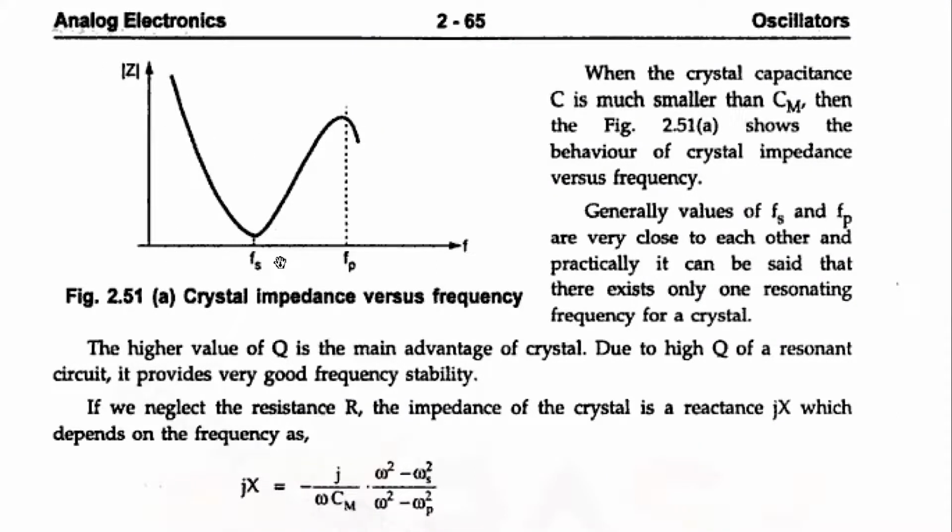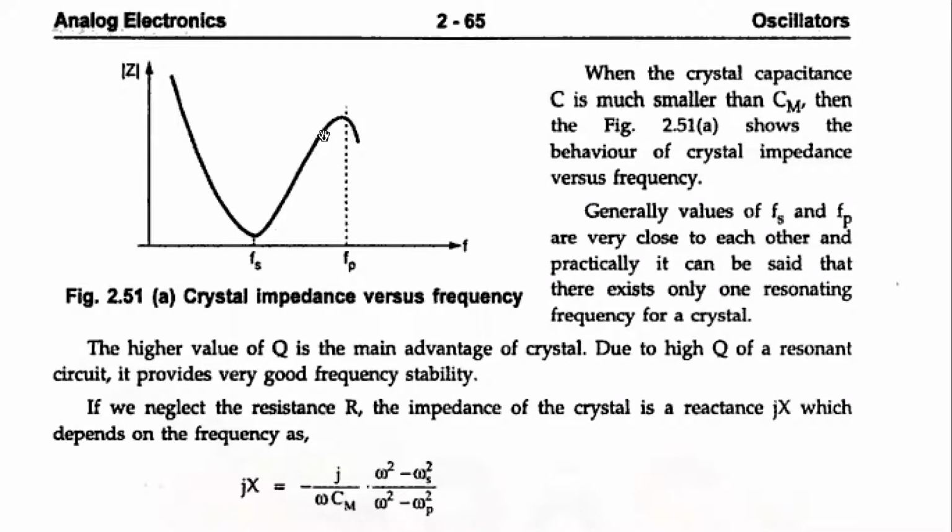As we gradually increase the frequency, at very low frequency, the capacitors will act as open circuit or high impedance. So at very low frequencies, both the capacitors will have high impedance. As we gradually increase the frequency, the impedance offered by capacitance reduces, but the impedance offered by inductance will start to increase.